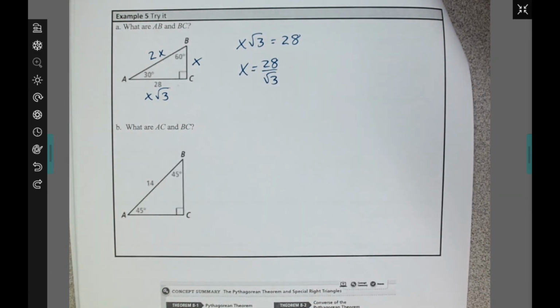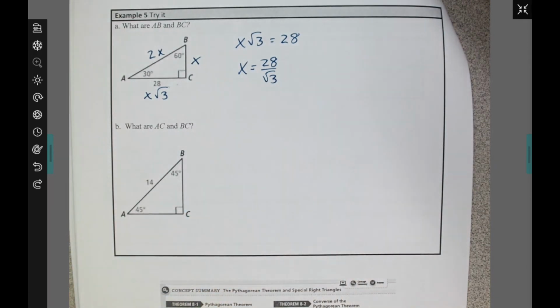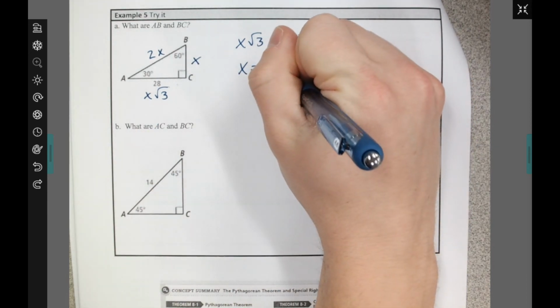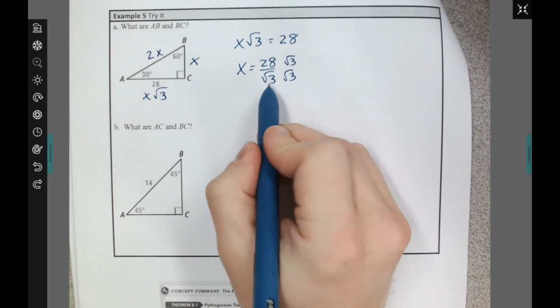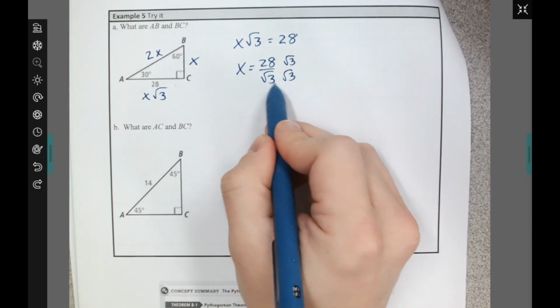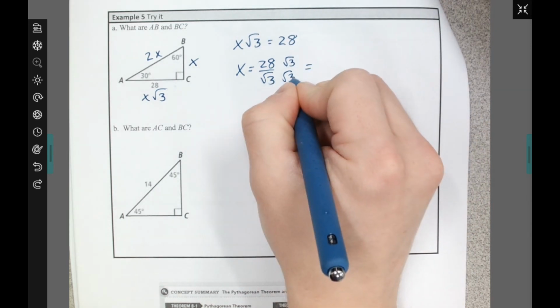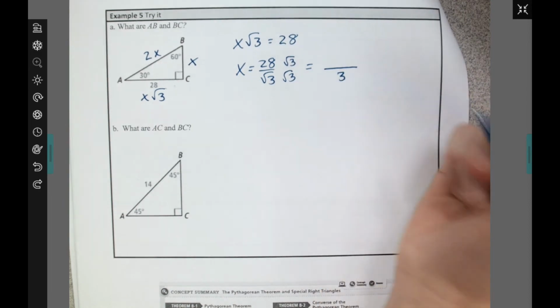Now, this is where we have a little bit of an issue. Okay, you cannot leave a square root in the denominator. So what you have to do here is actually multiply the denominator and the numerator by whatever the square root is. So in this case, square root of 3. When you do square root of 3 times square root of 3, it's just going to leave me with the number 3.